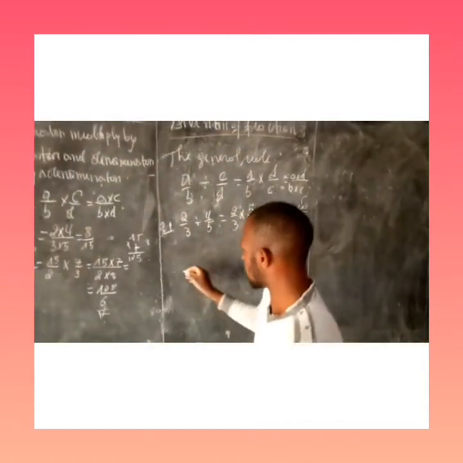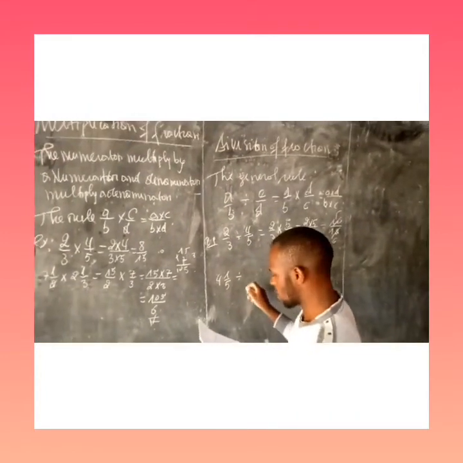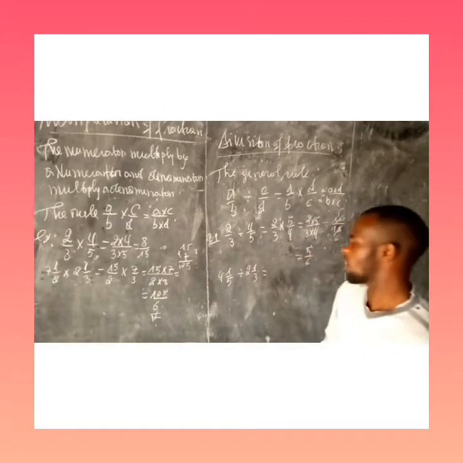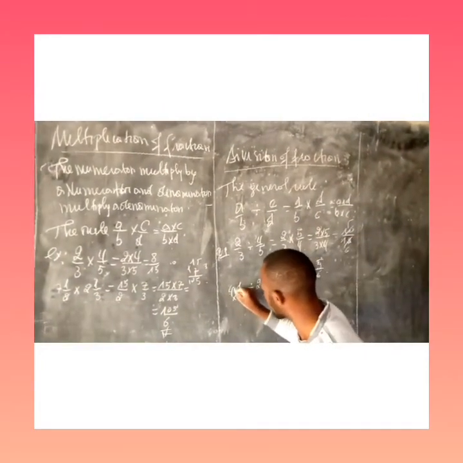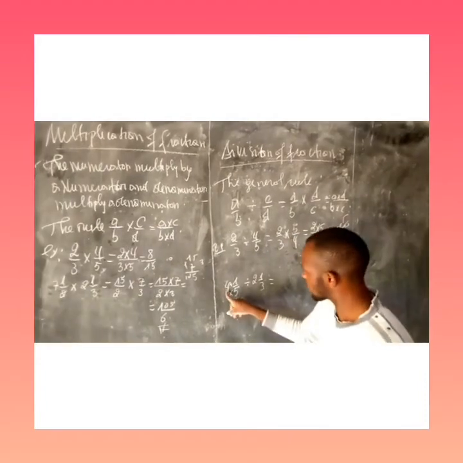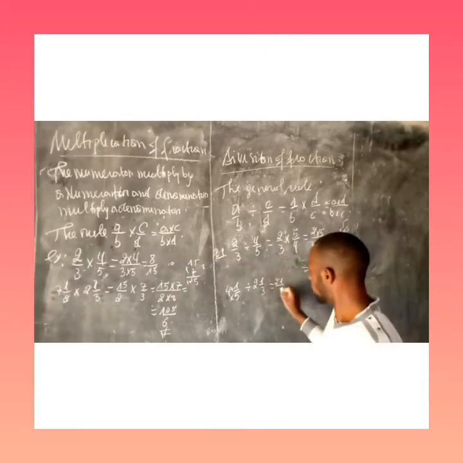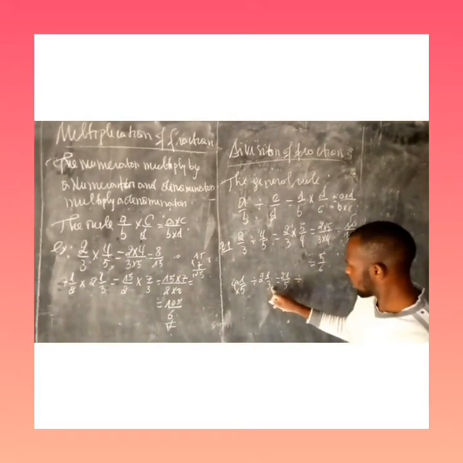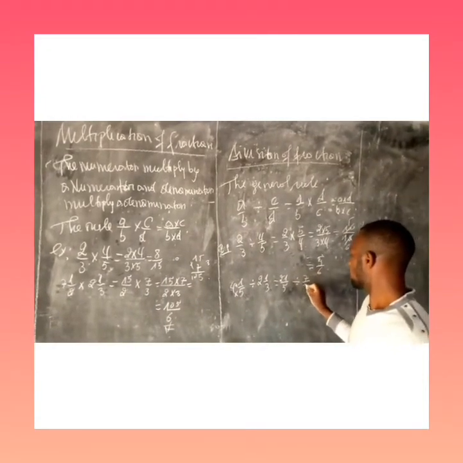So another example here, you have 4 1 over 5 divided by 2 1 over 3. Remember that this expression is a mixed fraction. And now you take 4 times 5 and now plus 1 here. We get 4 times 5, we get 20. 20 plus 1, we get 21 over 5 divided by 3 times 2, we get 6 plus 1, we get 7 over 3.